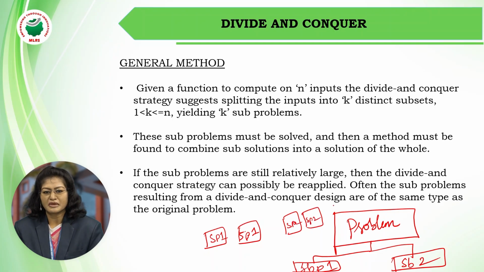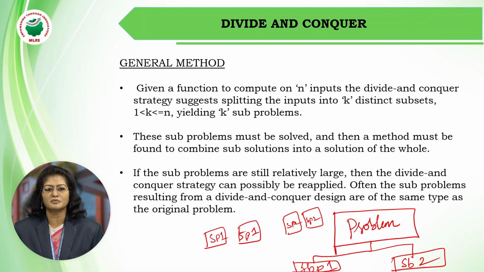So we have a general method for this divide and conquer method. Whatever input we are taking, we need to split it into two sub-halves, and those two sub-halves are again divided into the next two sub-problems.